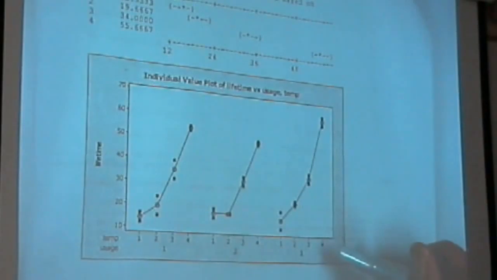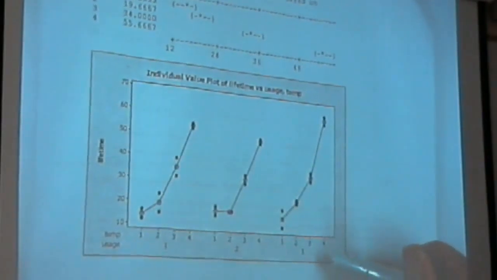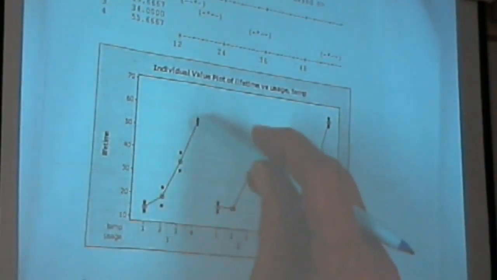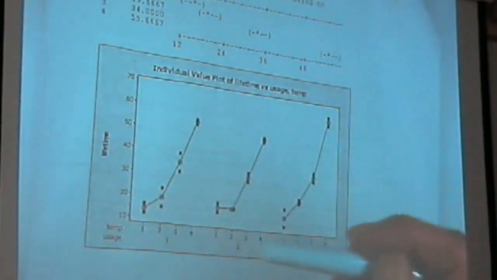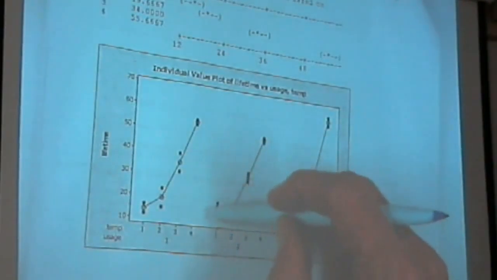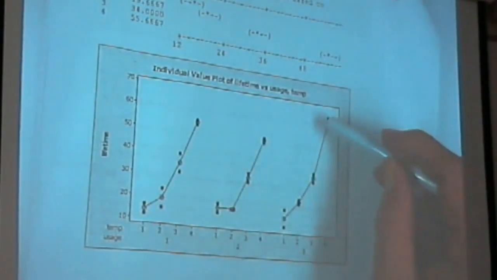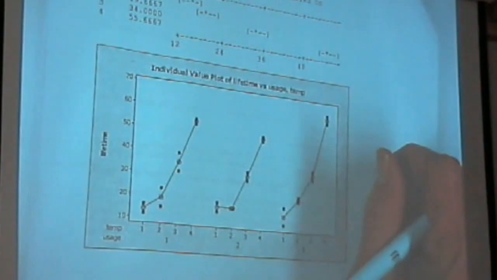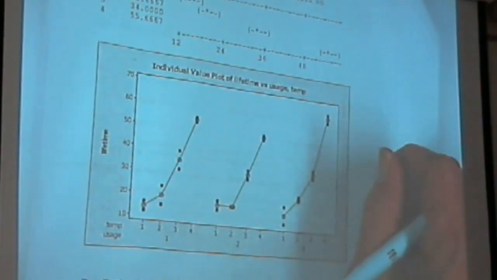Now, is there any difference due to usage? We're supposed to look at usage 1, which is kind of the average of all those points, usage 2, which is the average of all those points, and usage 3, which is the average of all those points. And I don't see so much of a big difference there in the response due to usage. But we did find it was statistically significant with our formal test. Right? So sometimes we have to be careful.